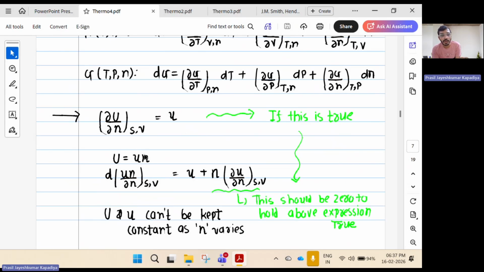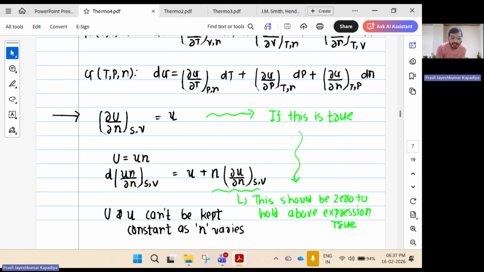So u is molar energy into mole, so it will be my total property. If I replace U as uN here, it will be u times ∂N/∂N, which is 1, plus N times ∂u/∂N at constant S, V. So this is not true. This is contradicting, right? Contradictory.